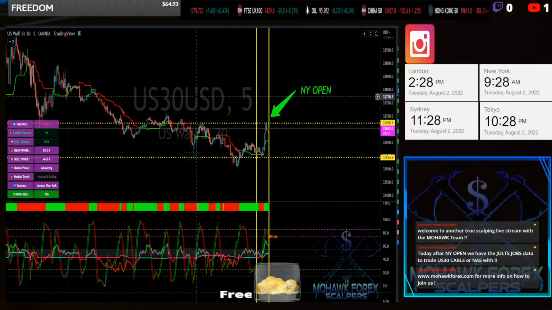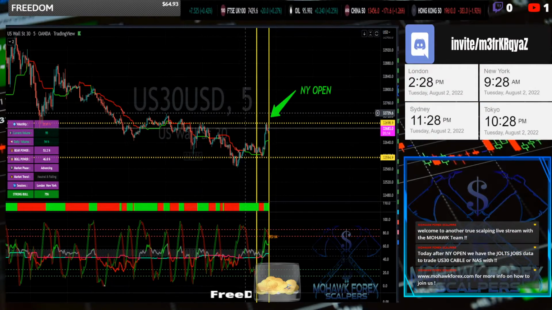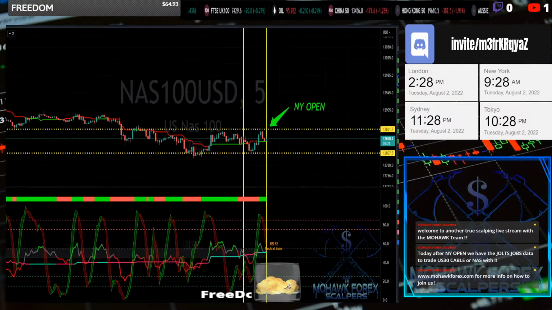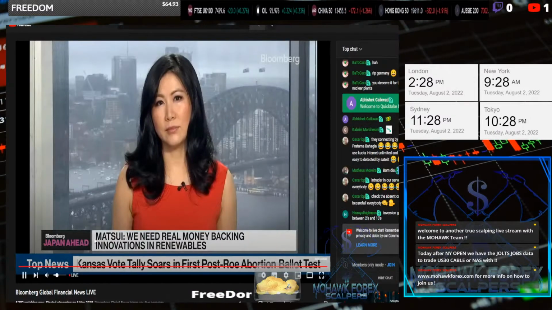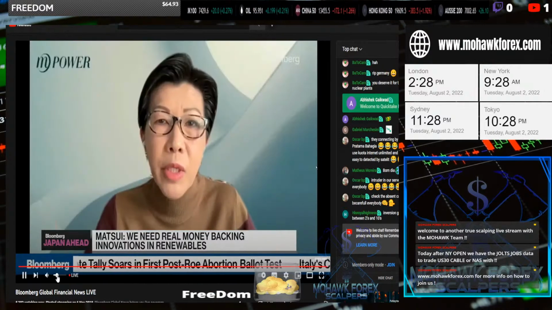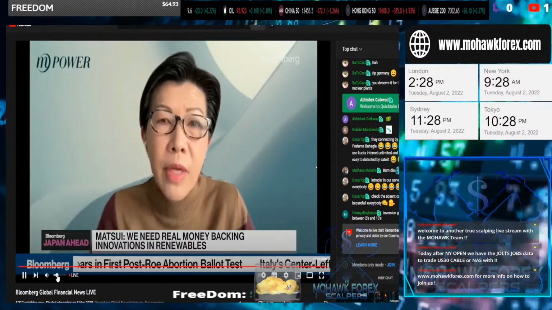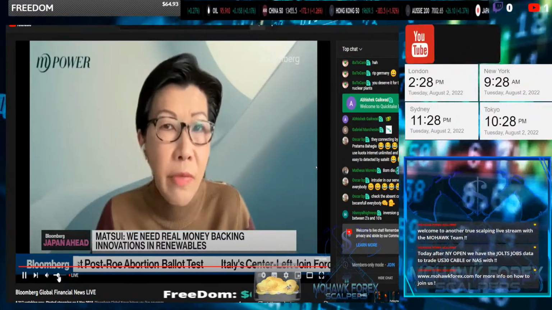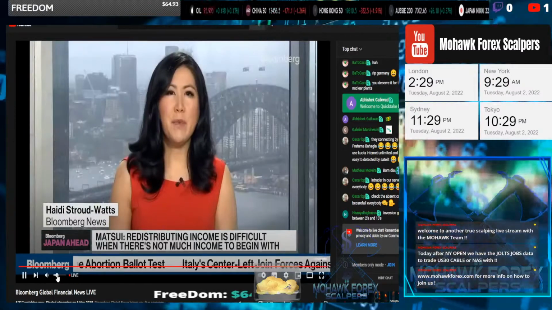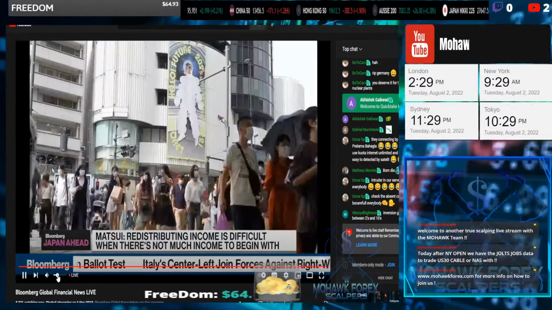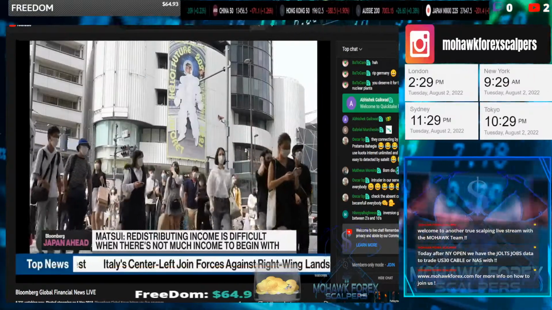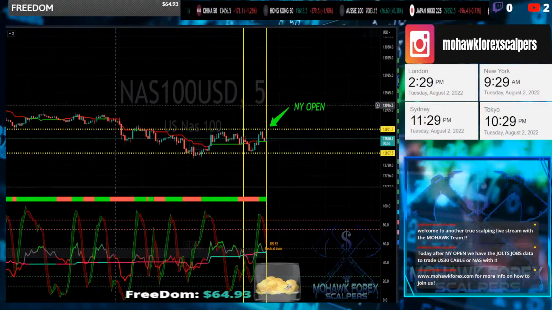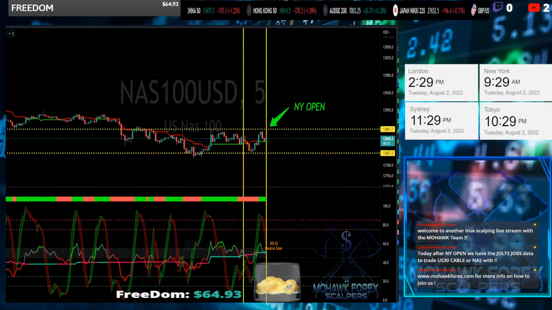The administration has committed to doubling the amount of investments in so-called green technologies. I think we need more than just pronouncements. We need real money backing very innovative startups and innovative companies in this space. What do you make of Kishida's new capitalism? Well, I think his framework is reflective of the challenges that Japan faces.